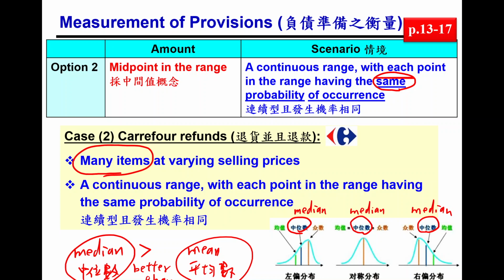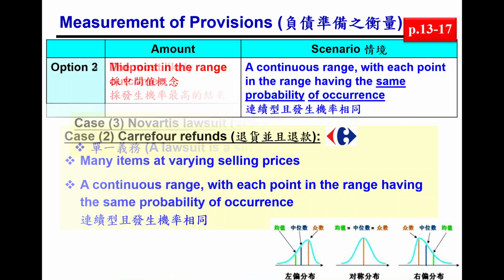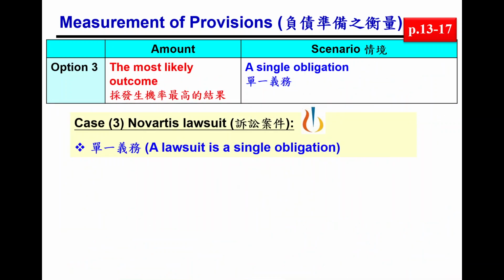If you look at these three figures, you will find out median is better. So in this kind of situation, we will choose the midpoint, the median. The third option to find your best estimate is when we talk about a lawsuit, 诉讼, because it's case by case.